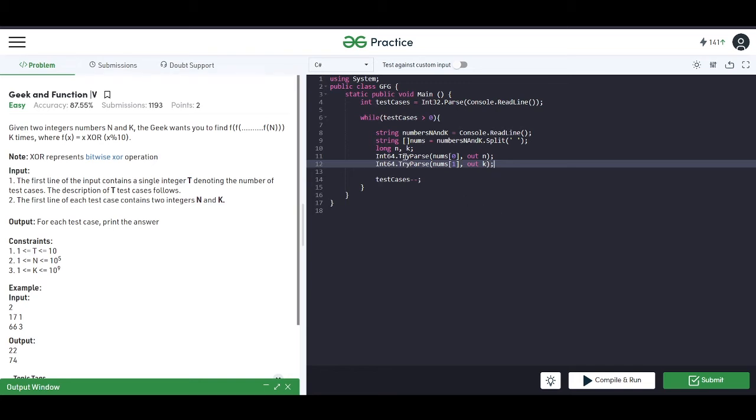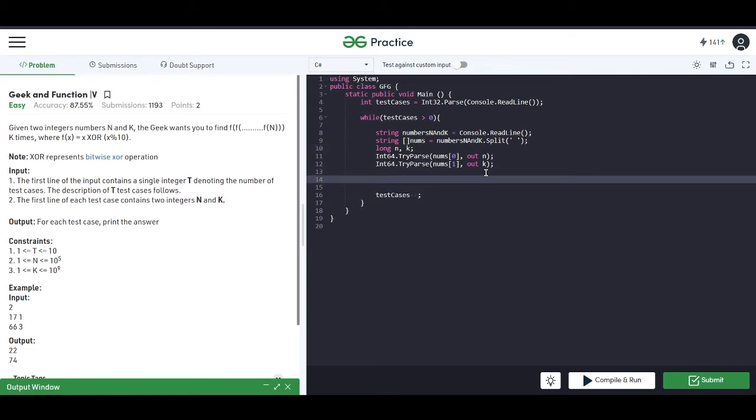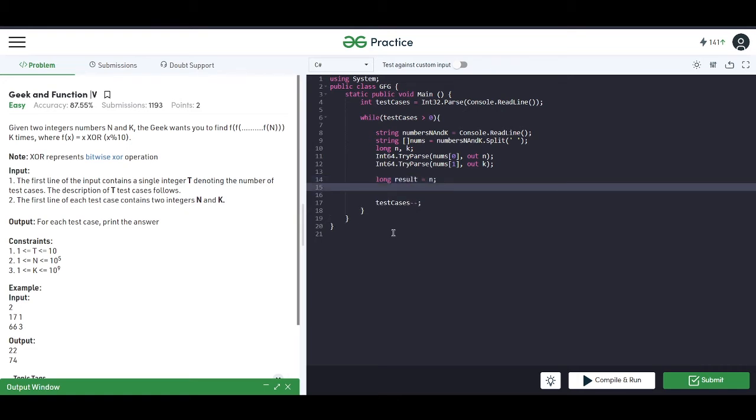After that, we parse the number at the 0th index of this array into a variable called n, and the number at the first index we call k, as it is given in the question. When we parse it, we get the numbers n and k, and then we will maintain a result, initialized with the value of n.